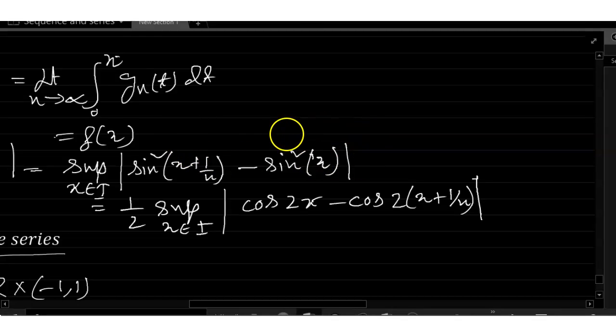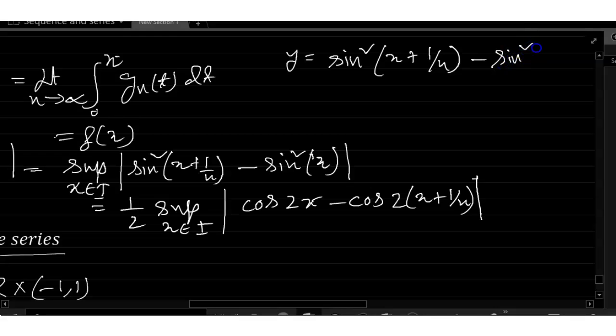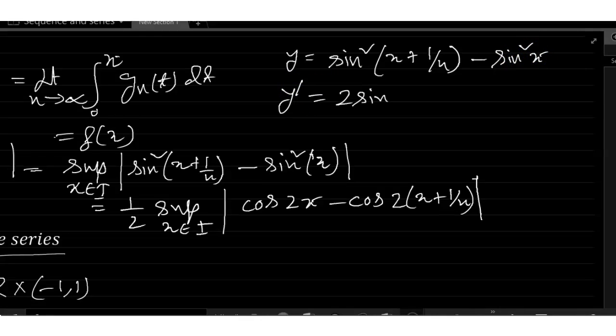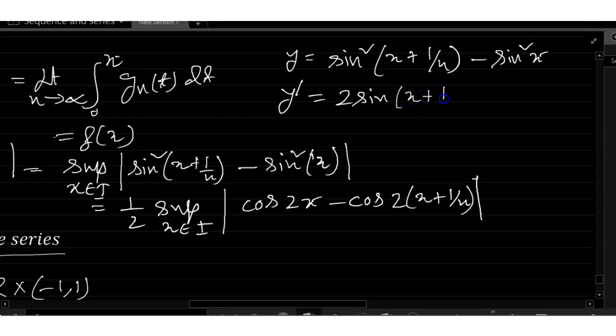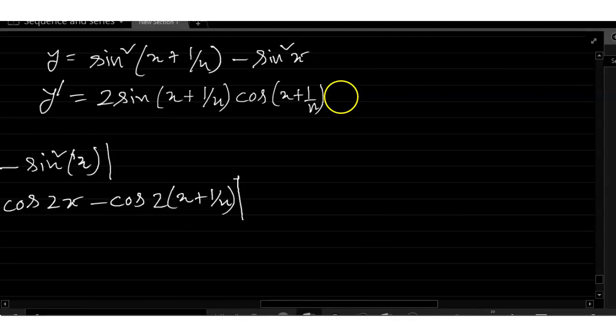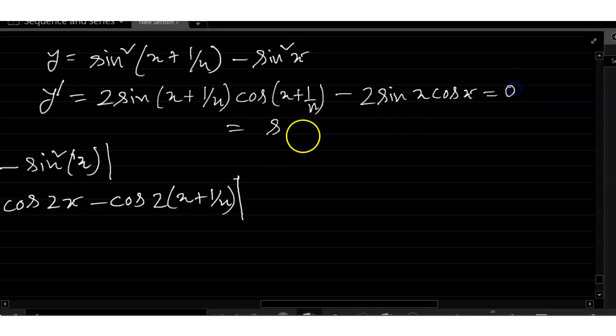Now this portion, y is equal to sine square of x plus 1 by n minus sine square x. y dash is equal to sine of x plus 1 by n cos of x plus 1 by n minus 2 sine x cos x. It can be written this way. We can say that it equals 0. So sine of 2 into x plus 1 by n is equal to sine 2x.